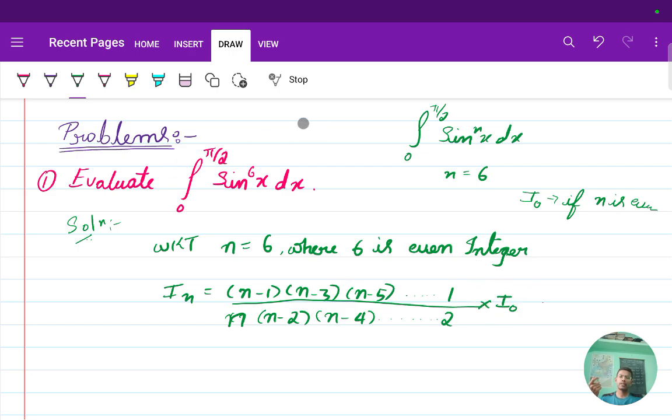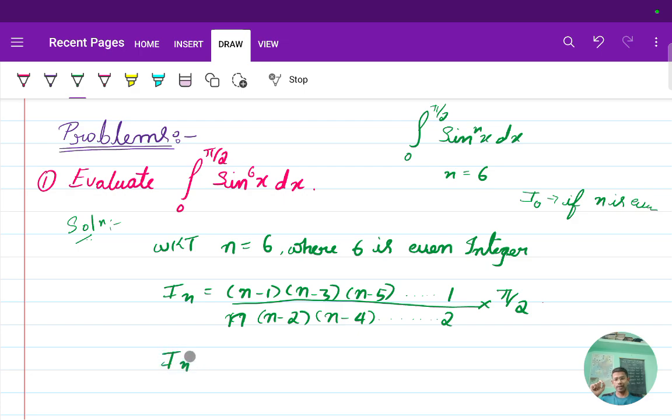In the previous lecture we already found that the value of I naught is pi by 2. Now let us apply the value of n in this formula.